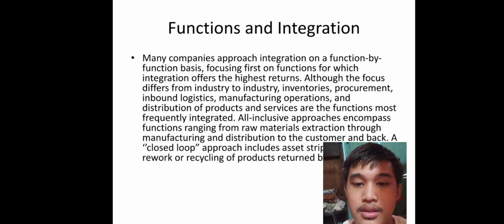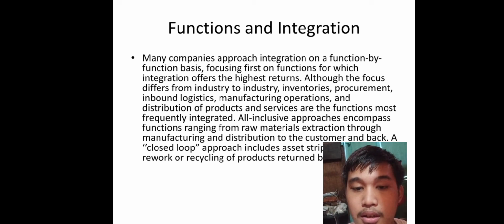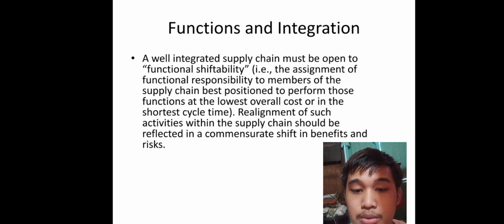All-inclusive approaches encompass functions ranging from raw materials extraction through manufacturing and distribution to the customer and back. A closed-loop approach includes asset stripping and rework or recycling of products returned by customers. A well-integrated supply chain must be open to functional shift stability.